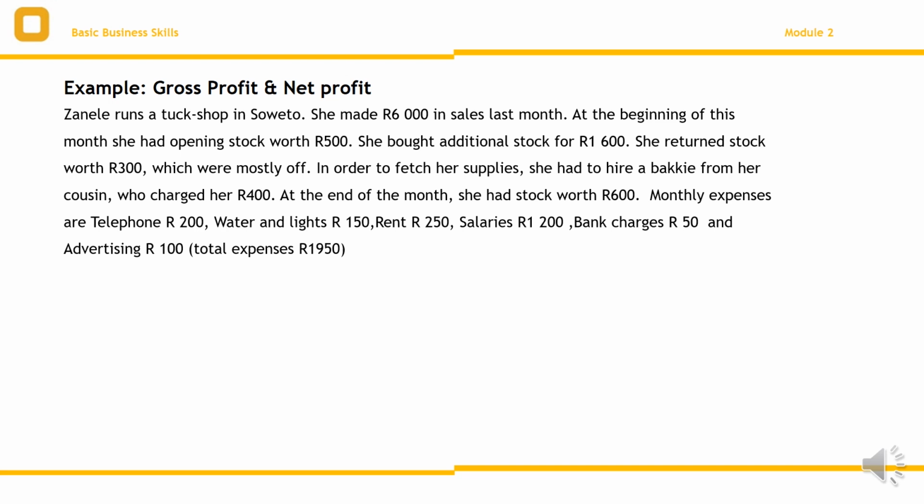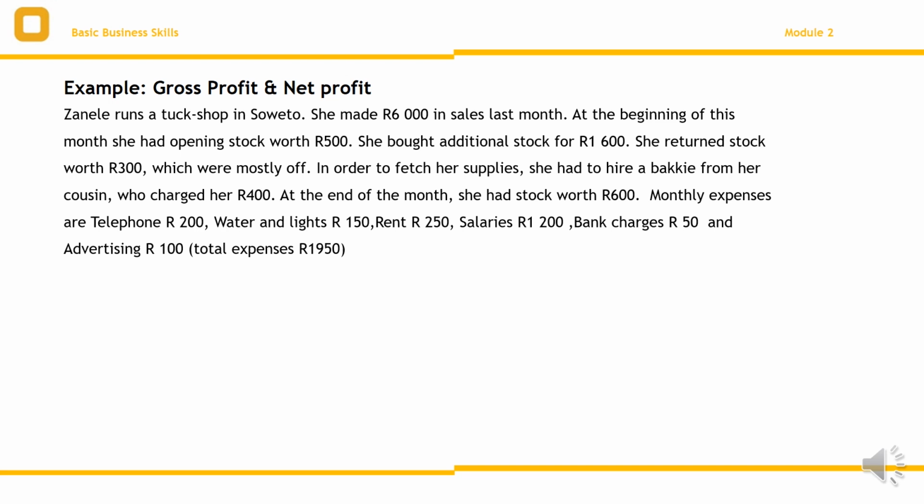The monthly expenses are telephone, water and lights 150, rent 250, salaries 1,200, bank charges and advertising to the value of 100 Rand. The total expenses are 1,950. So how would you calculate Zanele's gross profit?